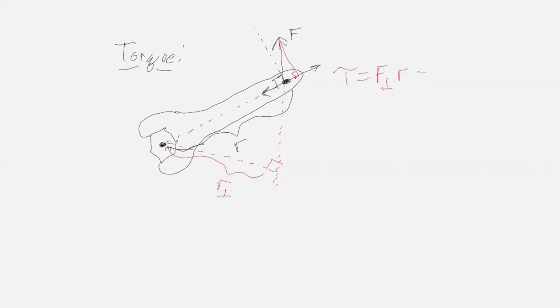And in either case, notice that the two angles I just drew are necessarily the same angle through geometry. This is equal to the force multiplied by the radial distance multiplied by the sine of that angle, where that angle is the angle that lives between the direction of the radial line and the direction of the applied force. So that's how you calculate a torque.